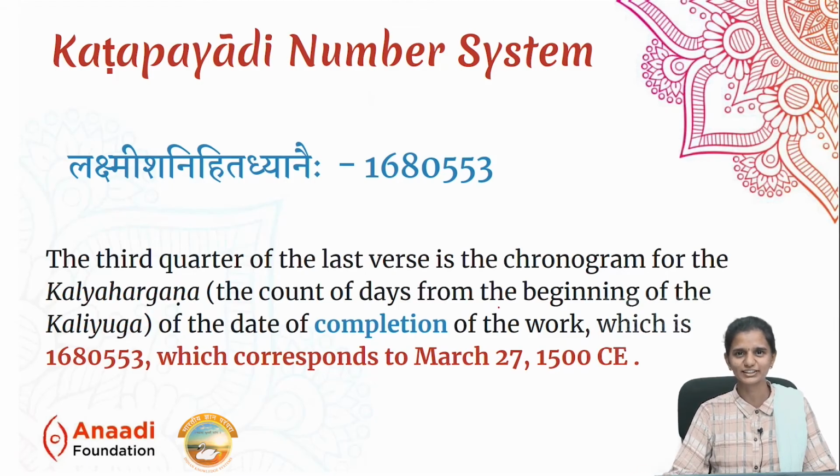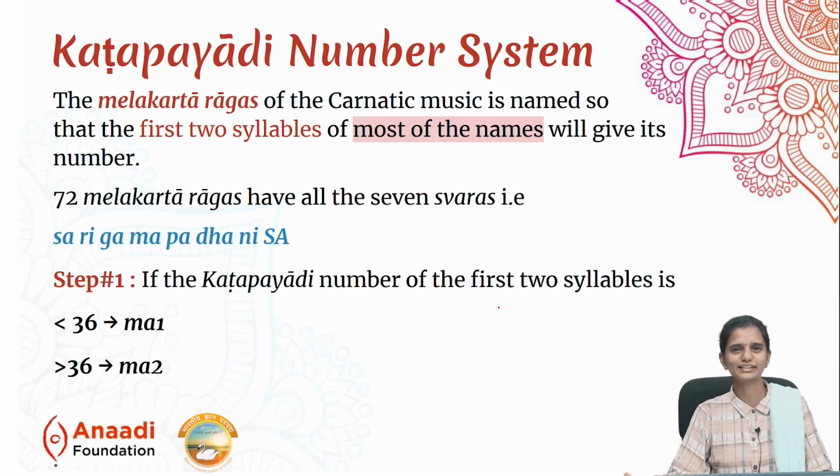Hence, we see that the author Nilakanta Somayaji has brilliantly used this Katapayadi number system to indicate the date of commencement of the work in the first verse and the date of completion of the work in the last verse. And we see that he has just completed this brilliant work in a matter of 5 days. Now, let us see another example for the Katapayadi number system.